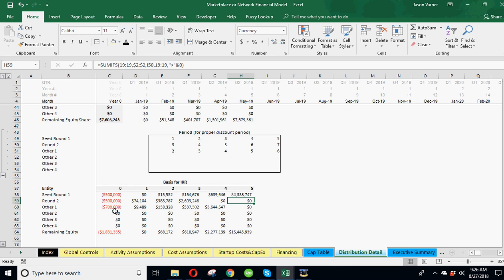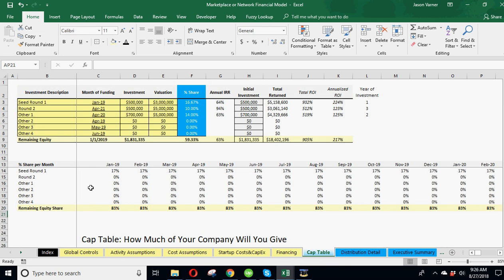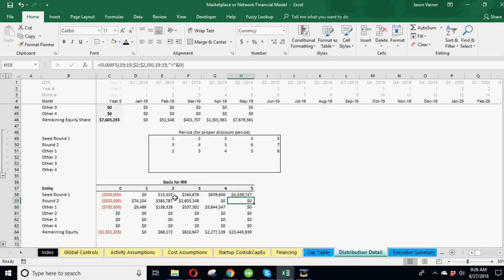Again, as I mentioned, you can see the other one invested in April 2020, which is in year two. So therefore, year two is actually their first period. So we're going to sum up everything for year two. That's their period one. Then we're going to sum up everything for period three.